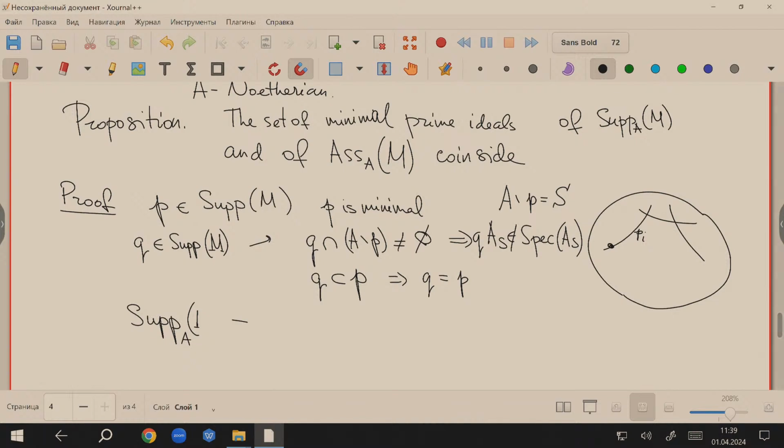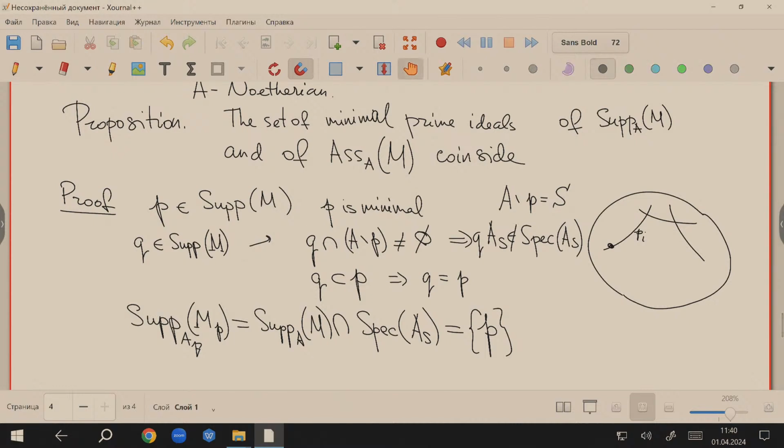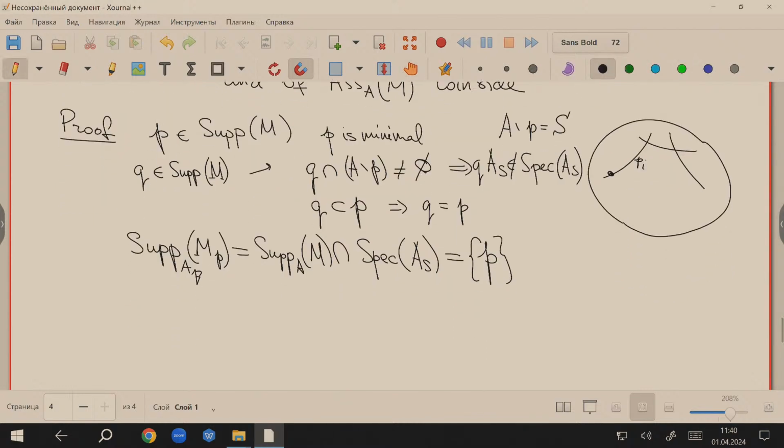Because if you localize, this is the intersection of the support with the spectrum of A_S, and this is just equal to P. But notice that if you take the set of associated primes of the localization, on one hand we have proved that this is a set of associated primes that belong to the spectrum.